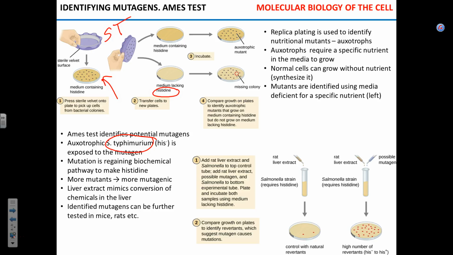So we take a little velvet pad, press it against the colonies on the histidine-containing medium, and then press this pad on two different plates. This plate carries the medium that has histidine. This plate carries the medium that does not have histidine. Does it make sense?